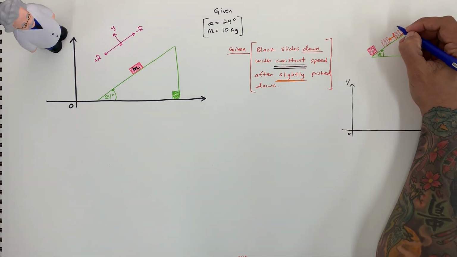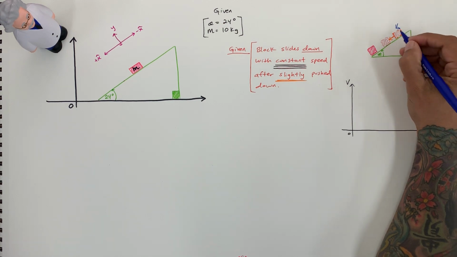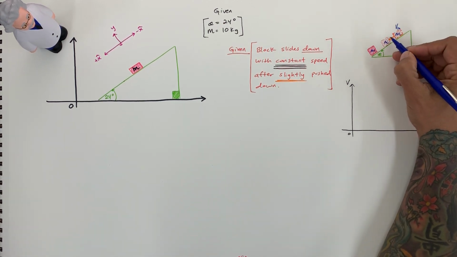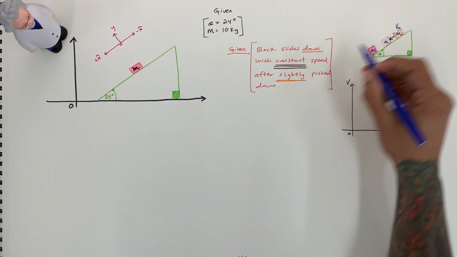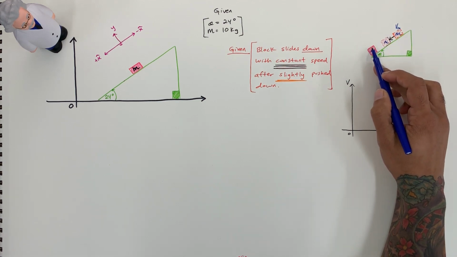Let's say this is our V initial, just to differentiate this beginning one. Now when it reaches this point, it starts traveling with a constant speed all the way to this velocity final here.